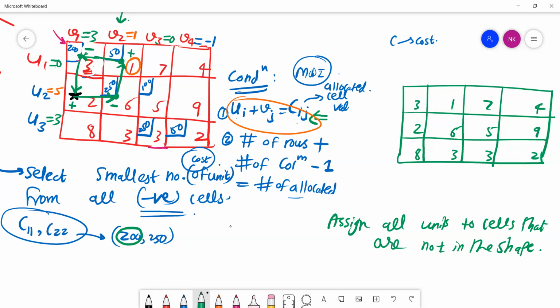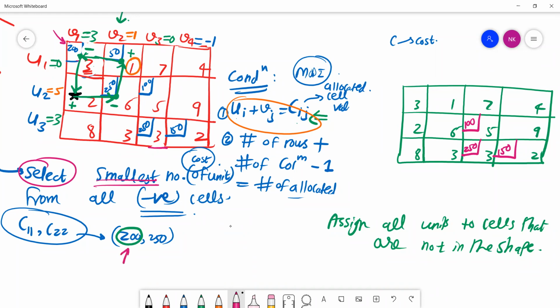So over here it's 100 units. Let me assign these units, 100. This is 250. This is 150. Now what you need to do, select the smallest number from the number of units. So these are the number of units that you are having in the negative cells, that is 200, 250.